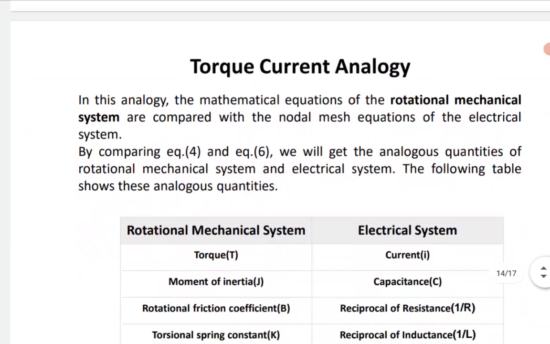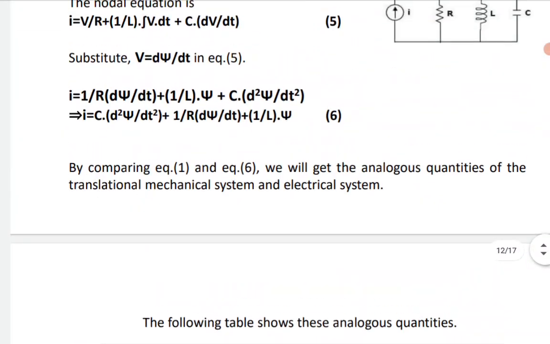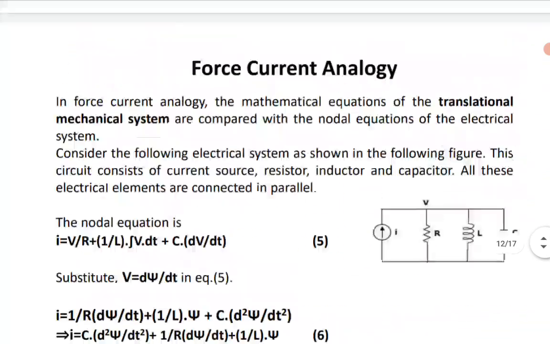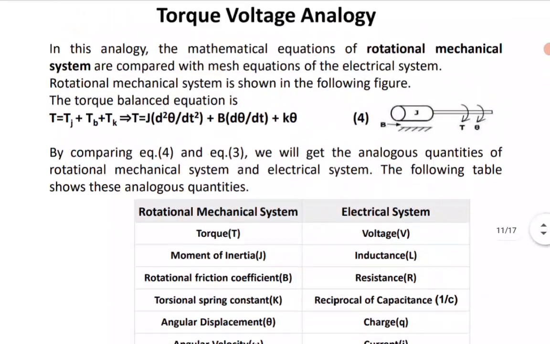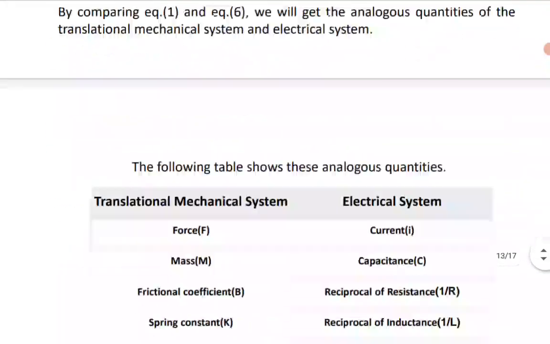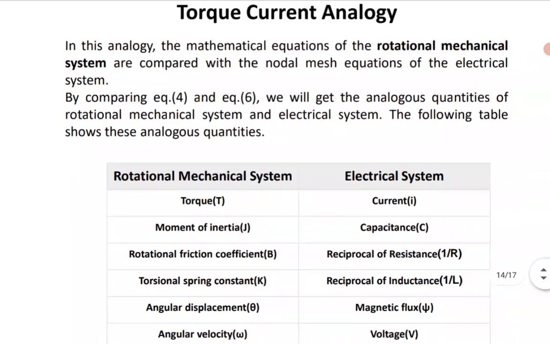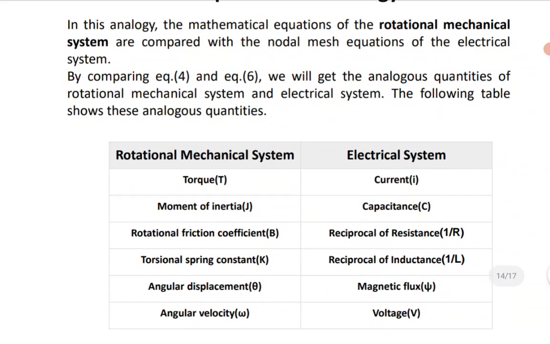Similarly, for torque current analogy, my current equation is already established. Then we will compare this equation with equation 4. So equations 4 and 6 should be compared with each other, by which we can generate the torque current analogy. For the rotational mechanical system, torque is represented as current.